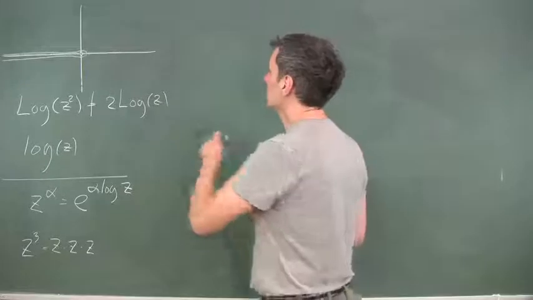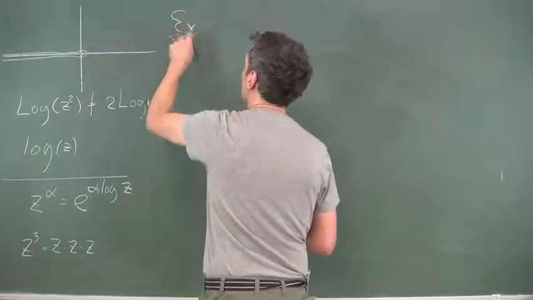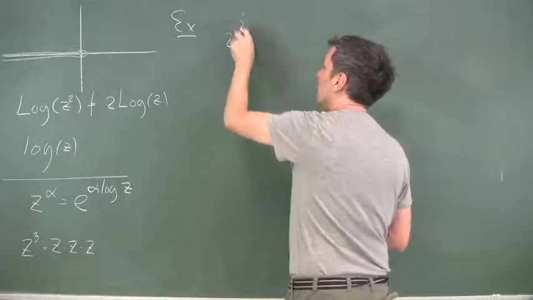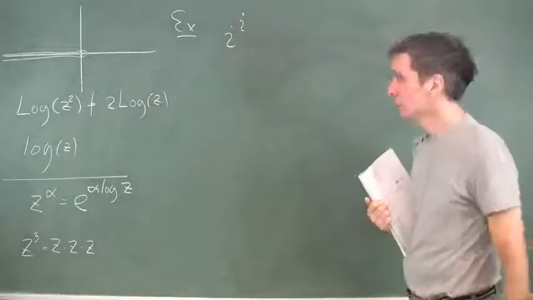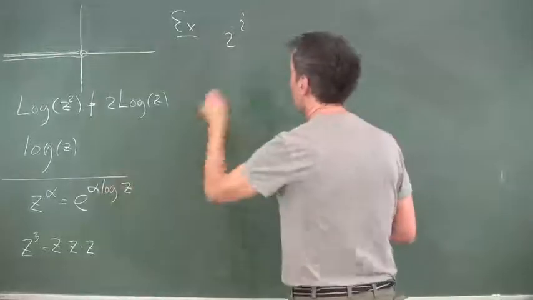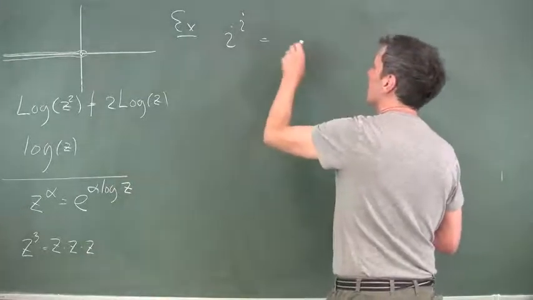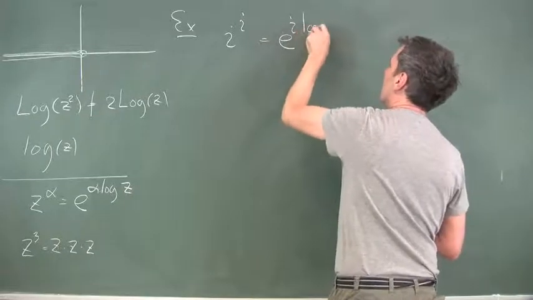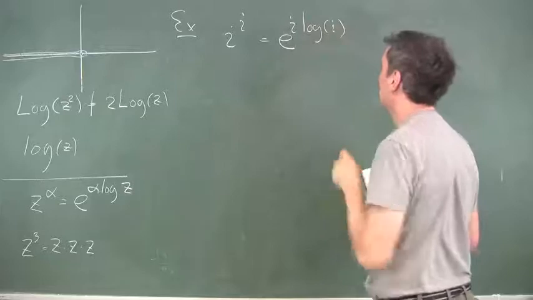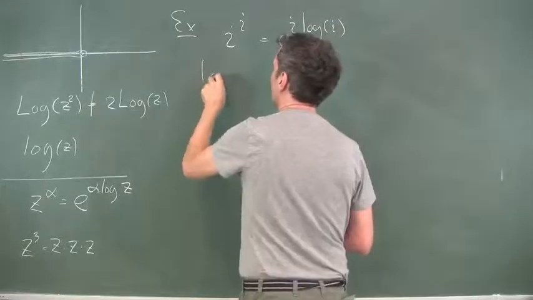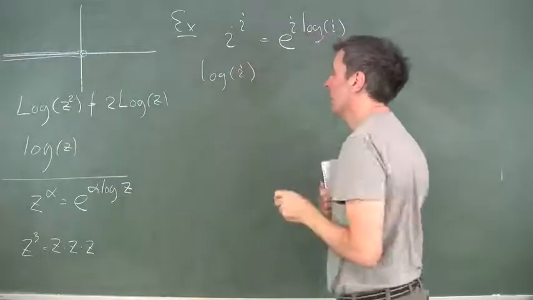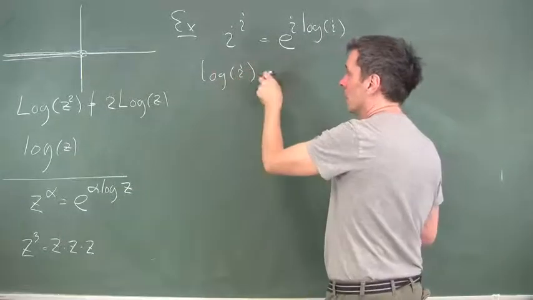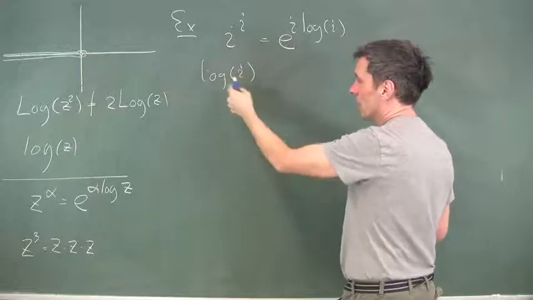So just to illustrate this, let us consider as an example what is i, the complex unit, to the power i. Well, according to our definition, this should be equal to e to the power i times the logarithm of i. So what is the logarithm of the complex unit? Well, the absolute value of i is 1, so the usual logarithm of that is 0.